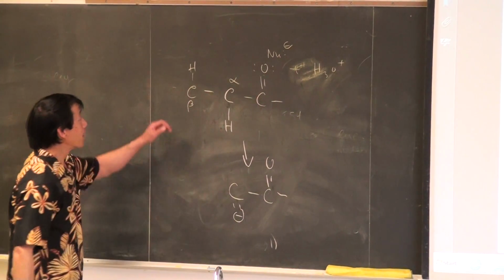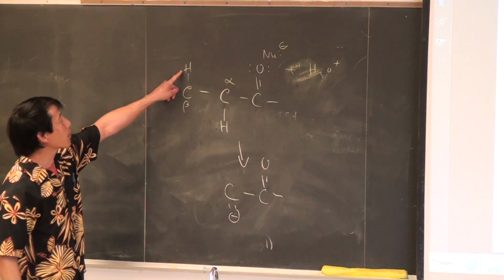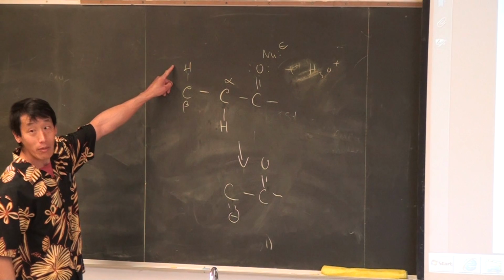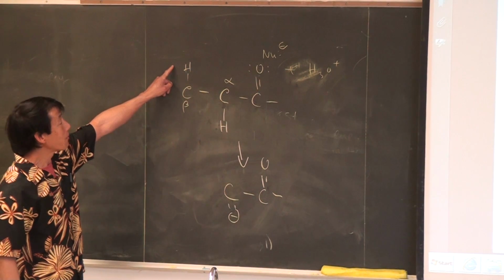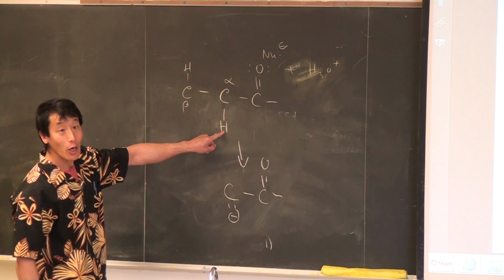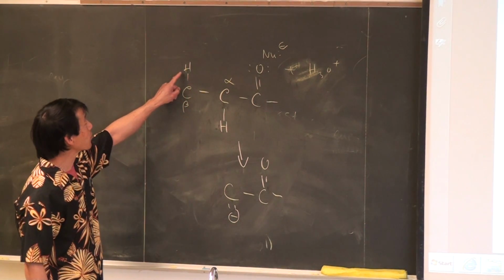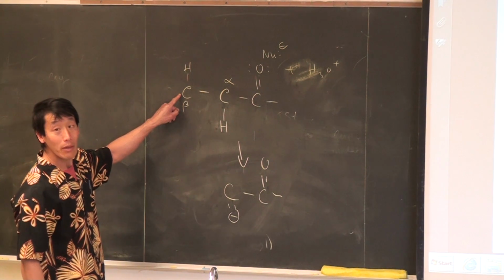Now, did we look at any reaction which involved the H bonded to a beta carbon in a carbonyl compound? We looked at reactions which involved the H bonded to the alpha carbon, but did we look at any reactions in which the H is bonded to the beta carbon for a carbonyl compound?